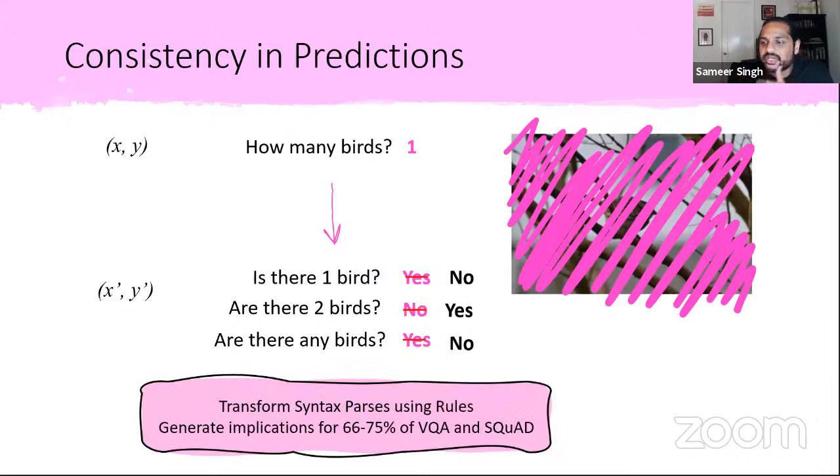So we try to generalize this to create a small data set where we used sort of syntax parsers of questions and did transformations on there to automatically generate these kind of implications. I guess automatically, by that I mean programmatically generate these transformations. And essentially we are able to get at least one of these logically implied questions for about 2/3 or 3/4 of the validation data set, right?